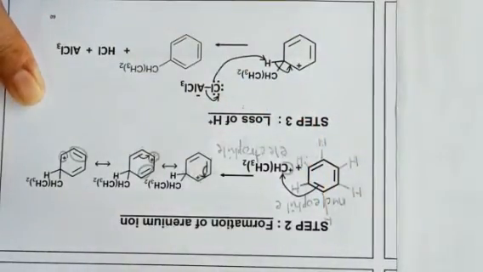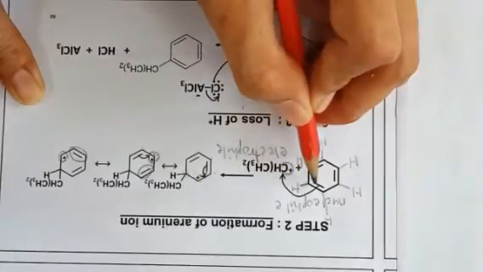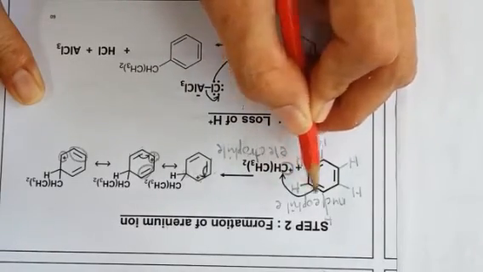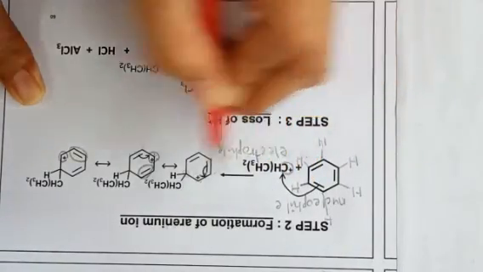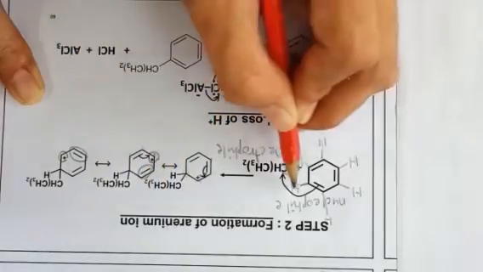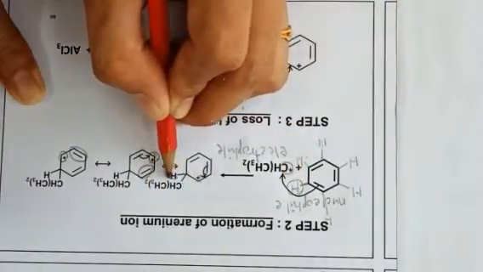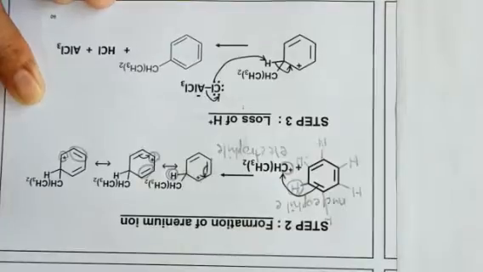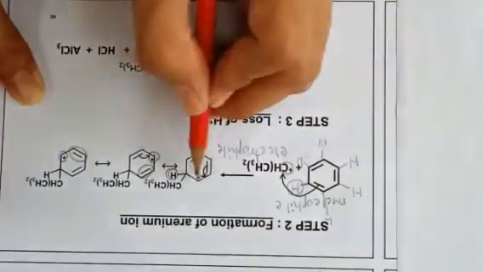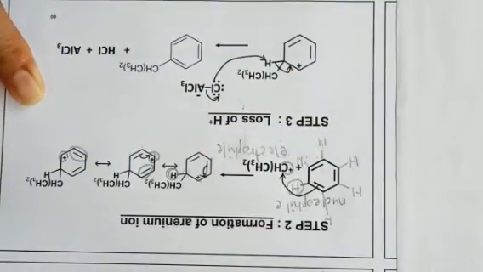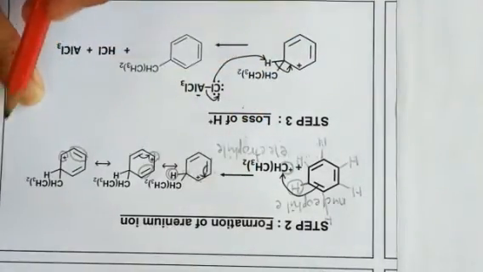Am I right? So now when this double bond attacks the carbocation, we form this new bond, and this hydrogen is still there. And that makes the positive charge from just now. So you can see the formation of the arenium ion in step 2.